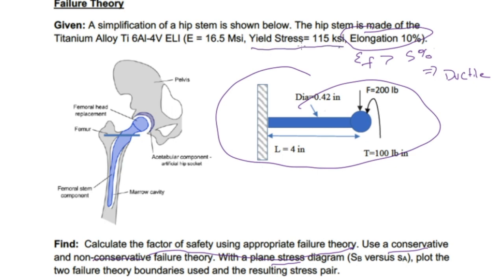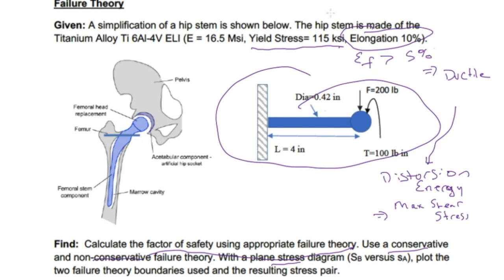The yield stress is the same in compression as it is in tension. So that leads to two theories: the distortion energy and max shear stress. So the max shear stress being the more conservative of the two.